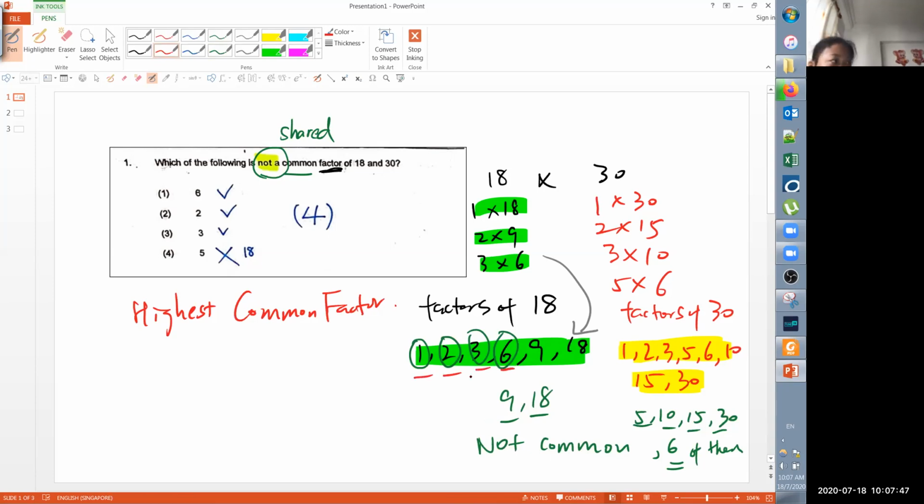Among these four, which one is the highest? 6. So 6 is the highest common factor between 18 and 30. That's the way you do it. Simple. Next.